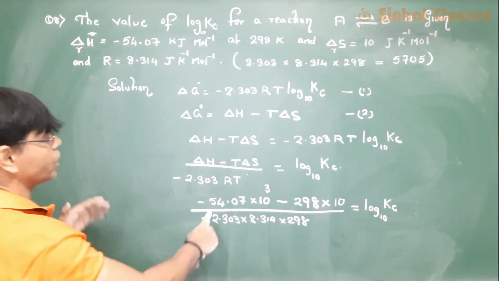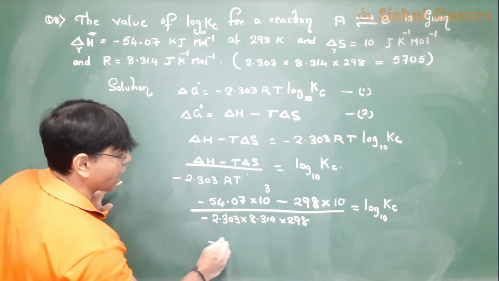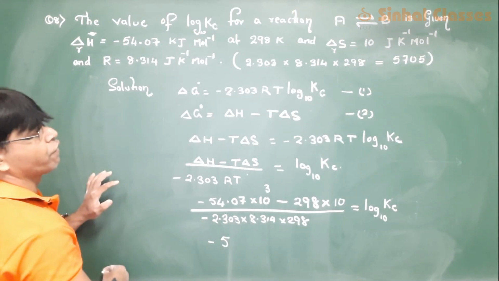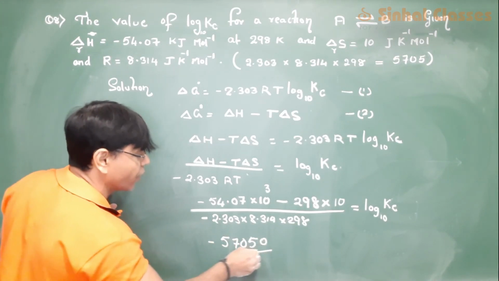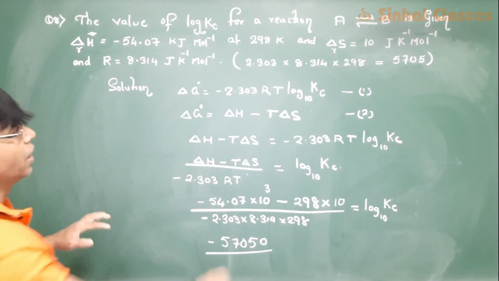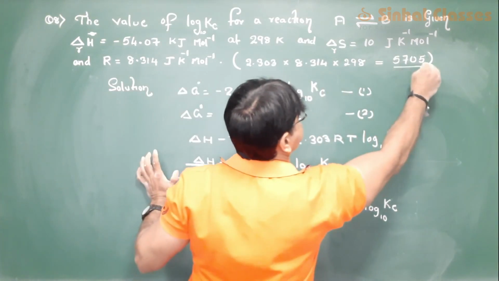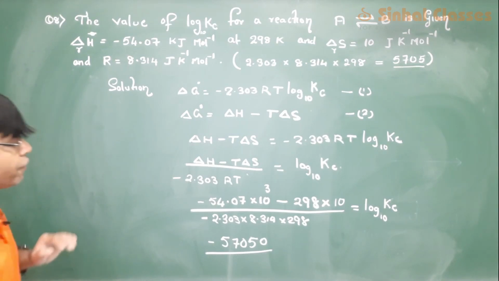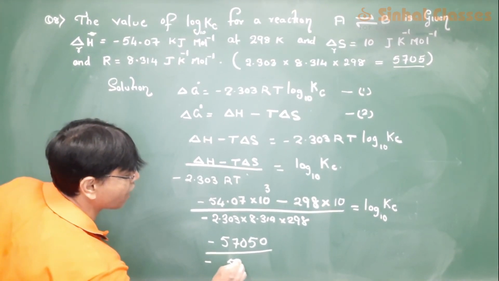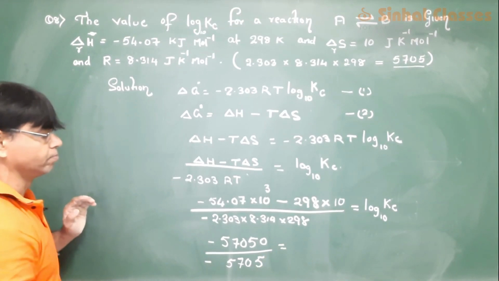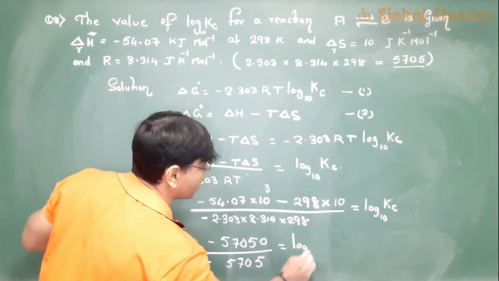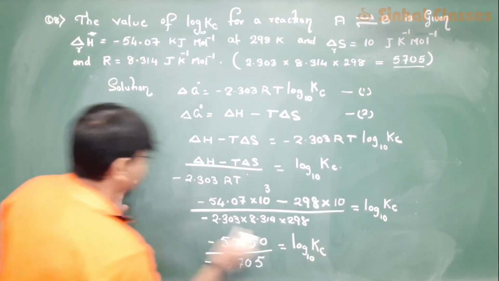When you solve this, you get minus 57050 upon, this entire value is given as 5705, so it is minus 5705 divided, equal to log to the base 10 of Kc.